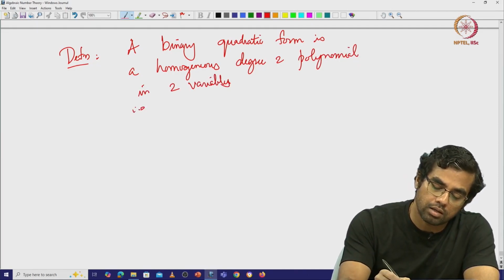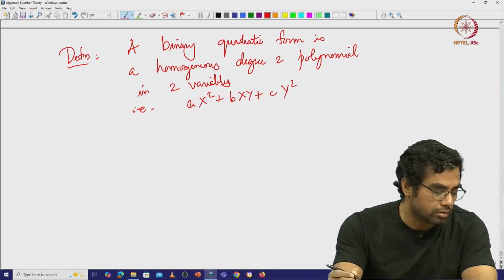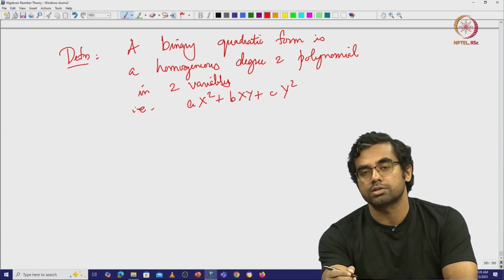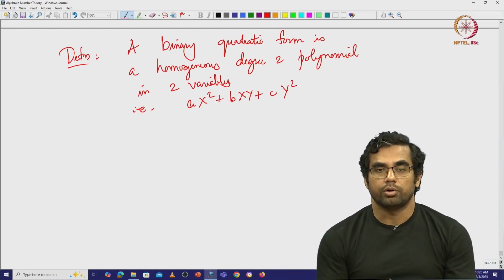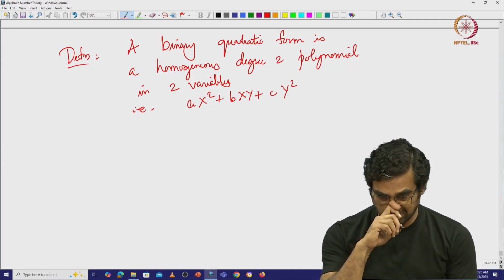So it is of the form Ax² + Bxy + Cy². Because it is a homogeneous polynomial of degree 2, these are all the terms that can occur in it.